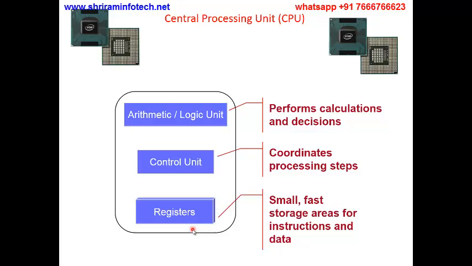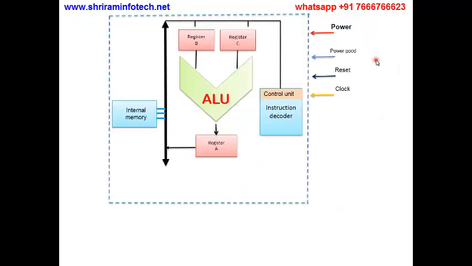And the next is called the register. The register means small areas of storage, which is called the cache RAM. L1, L2, L3 is storage, so that's to store the memory. Okay, so this is the processor, the ALU, arithmetic and logic unit.